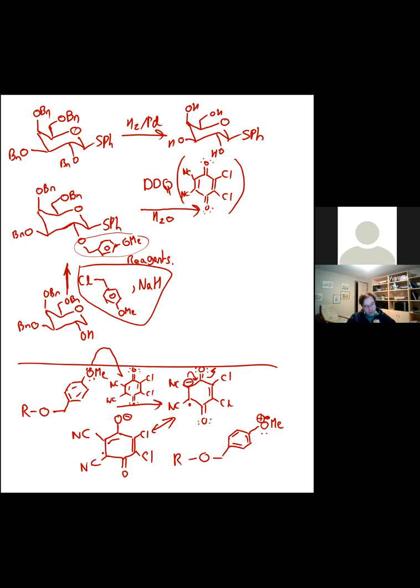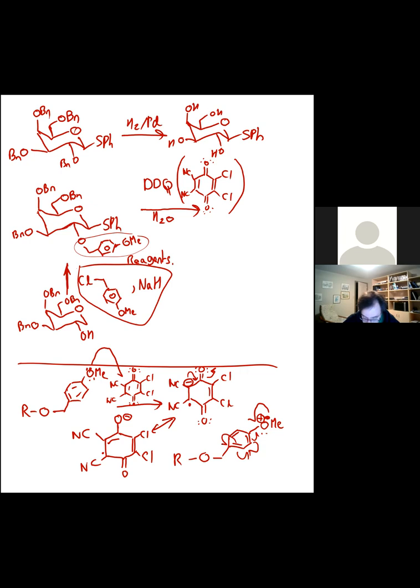So what we can think of here and happening here is that, I want to make sure I do this right. We can move the electrons over like this.